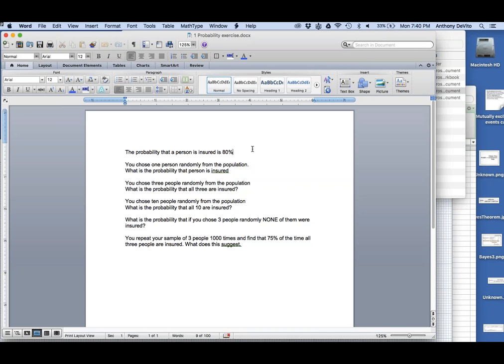So now you have an idea of what you can look at in terms of all these different possibilities. Remember, I just mentioned we have a population where 80% of the population is insured, and we decided on the multiplication rule. Since each sample we take is independent, the probability that if I randomly pick 4 people they'd all be insured would be 0.8 times 0.8 times 0.8 times 0.8.